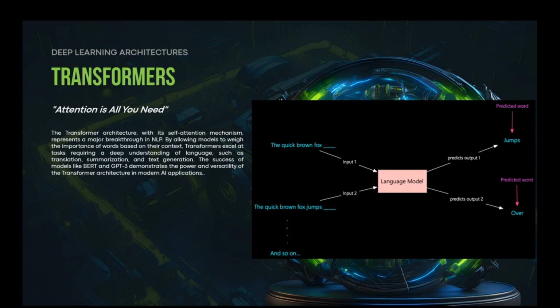Now, let's say we all know at least two languages. When you try to translate text from one language to another, it's not simple word-to-word translation. Let's say you have a sentence in English and we want to translate it into maybe Telugu or Hindi.